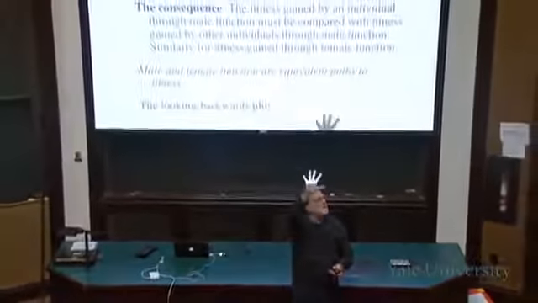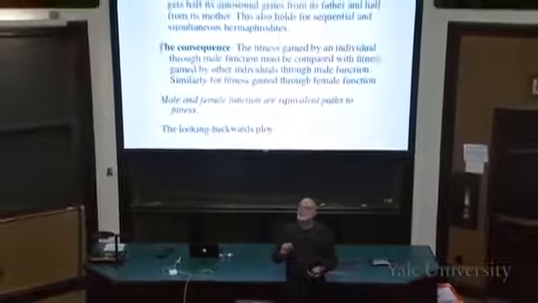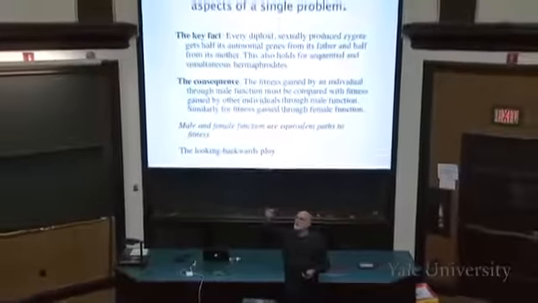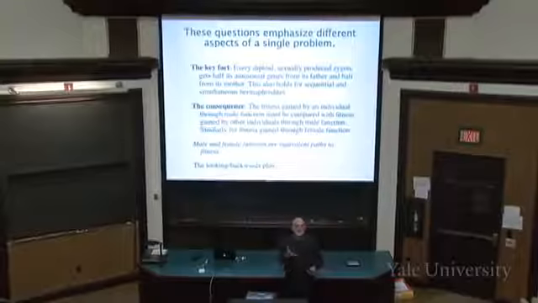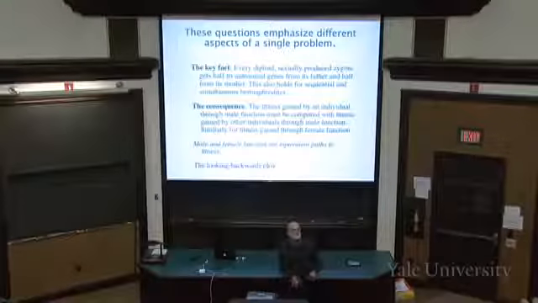And as they go forward into the future, it's always going to be, on average, half of them coming down through a male and half of them coming down through a female. This means that this statement, male and female function are equivalent paths to fitness, is something that you could derive by putting out the whole genealogy of the family tree and just counting the number of times that genes had occurred in male or female ancestors, and you would discover that it was 50-50. Okay?